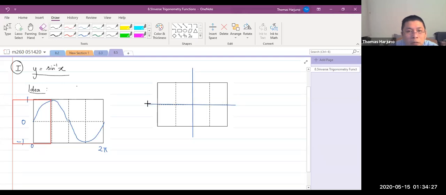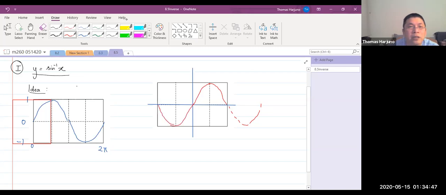And then my sine graph now becomes something that looks like this. This is for the first quadrant, and this is for the second quadrant. Supposed to be the third quadrant, the fourth quadrant, like that. Of course, following the period, it goes this way.